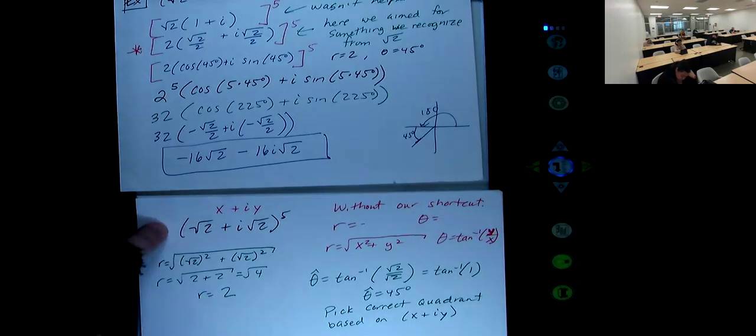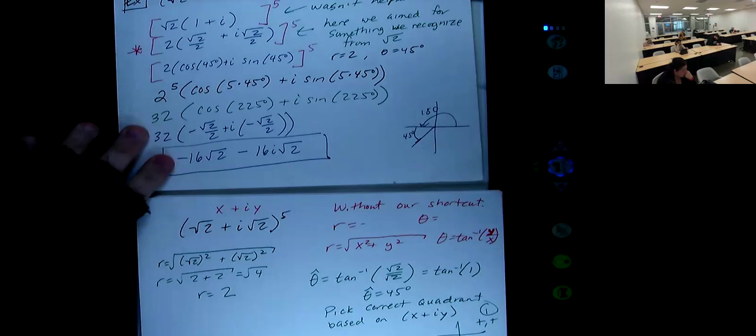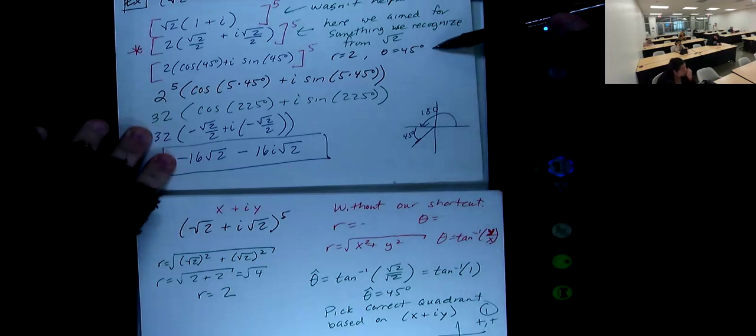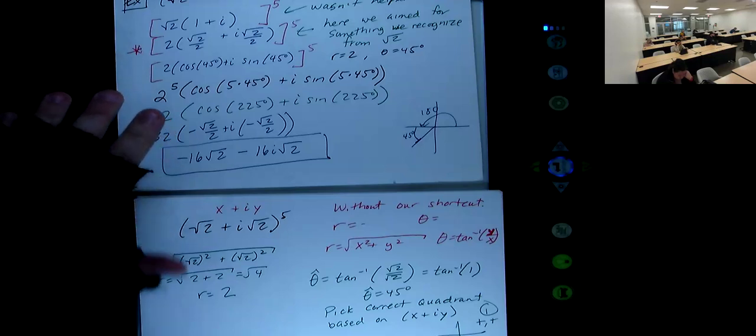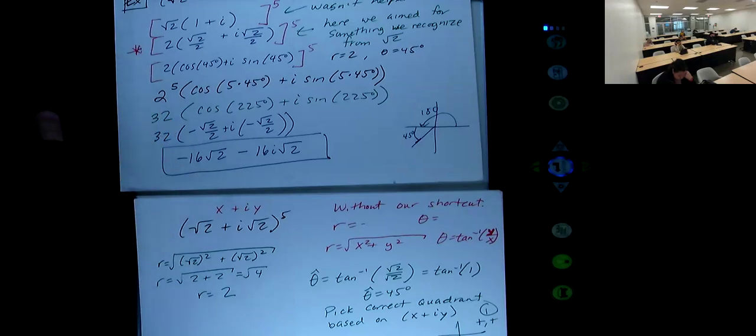And these were both positive. First quadrant. So it's not just a reference angle of 45, it is 45. But that's what we had up here. Sometimes recognizing this looks something similar to what we need, you can go with it, otherwise you gotta work out the formulas and find out what they are.